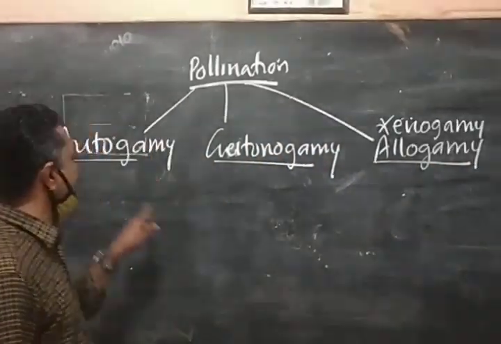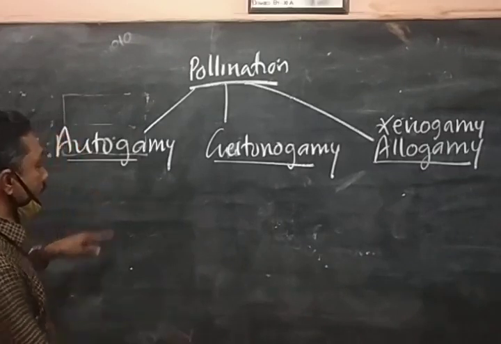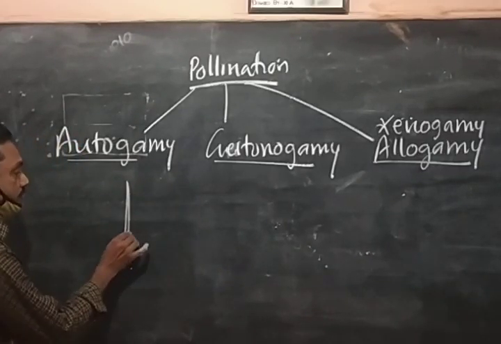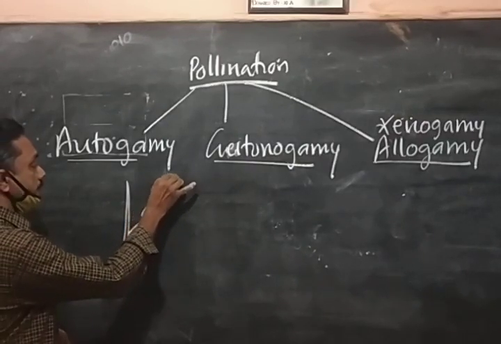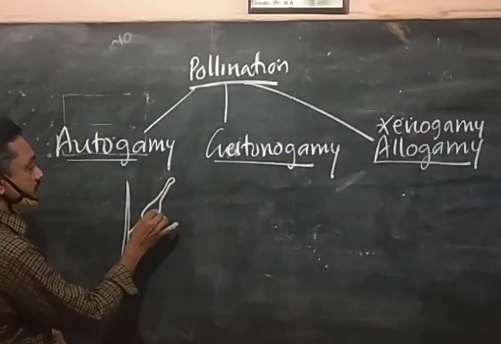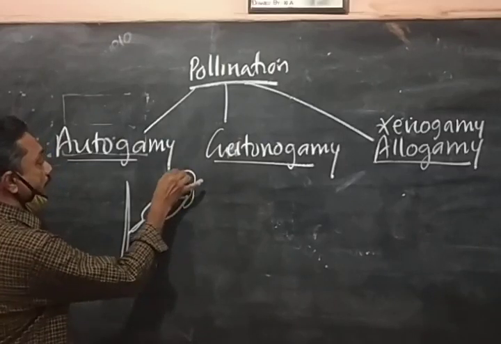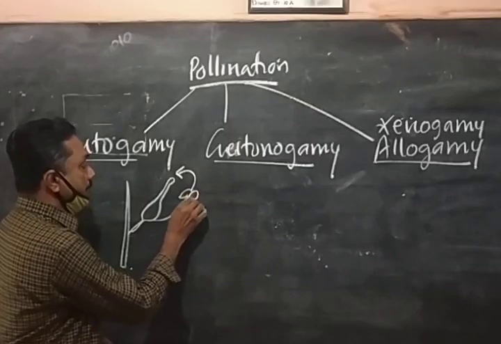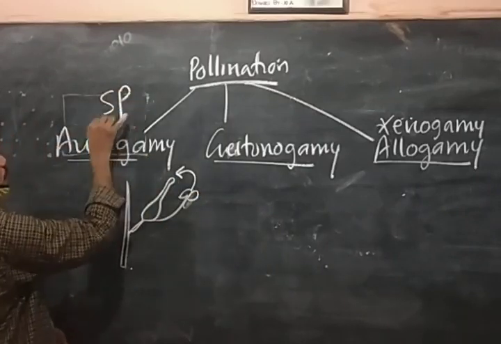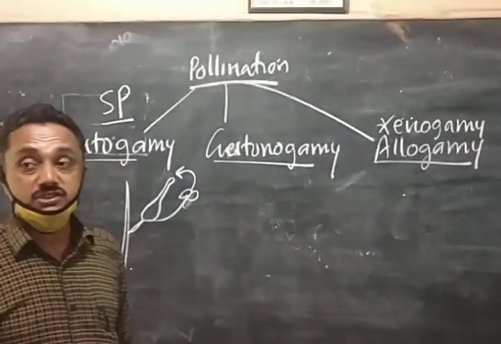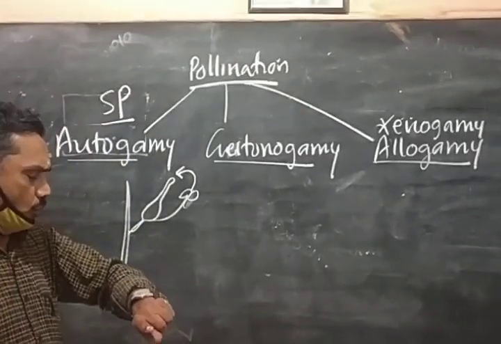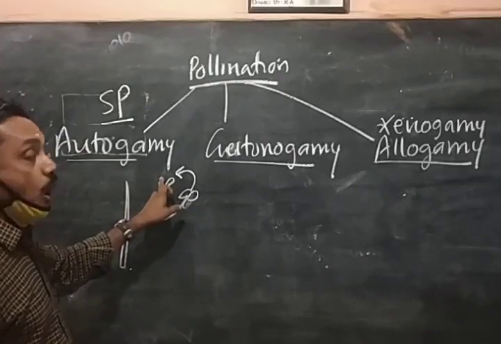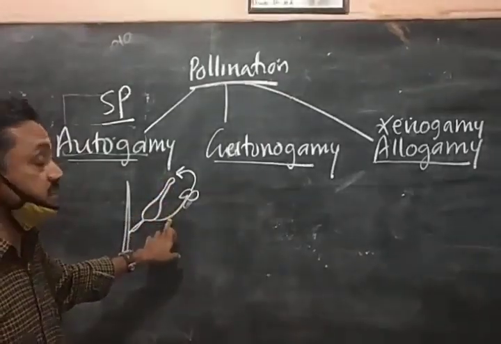In autogamy, pollen grains are transferred from anther to stigma of the same flower, so the flowers are bisexual.